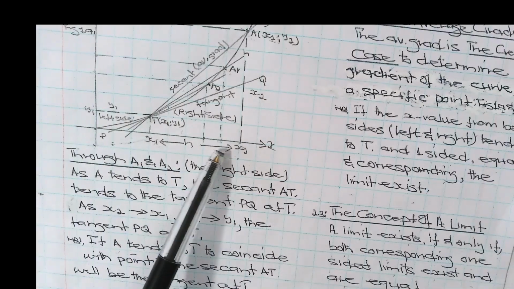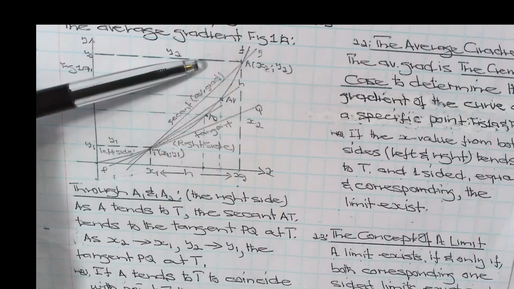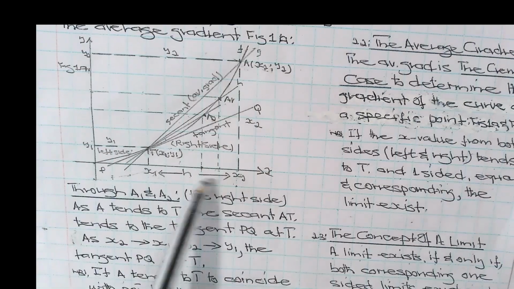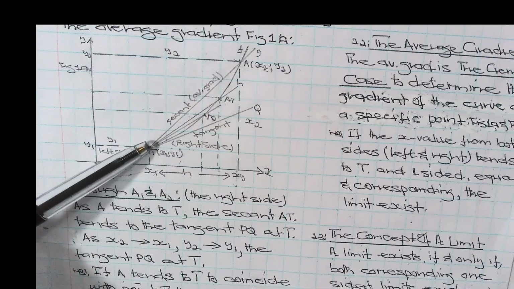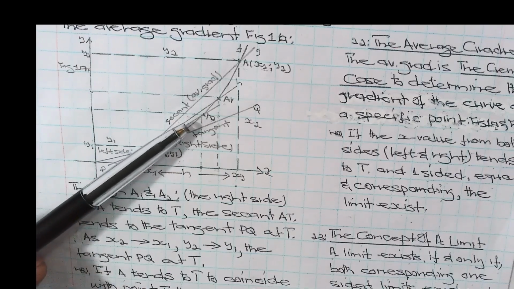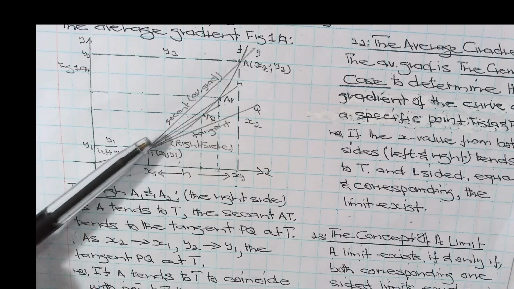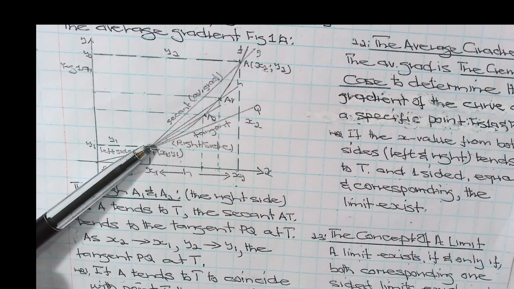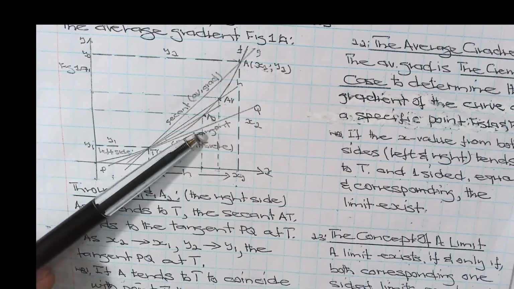As x2 moves further to A2, then y2 also moves further to A2. And as x2 tends to x1, y2 also tends to y1. It means the slope is narrowing, getting closer and closer. The average slope AT gets closer and closer to T. It tends to the tangent PQ at T.